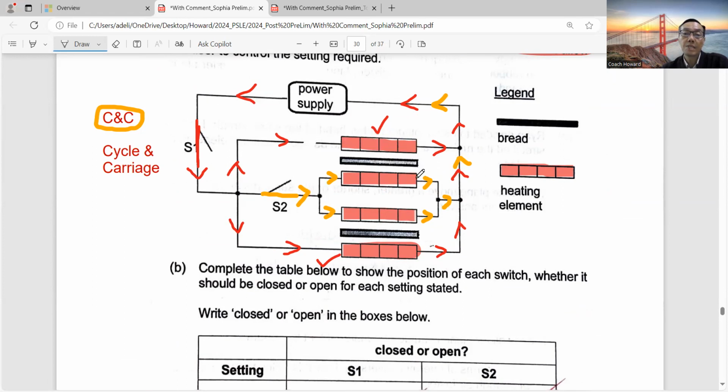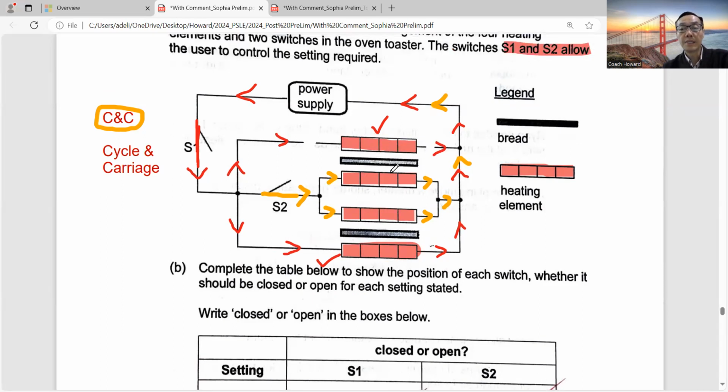They can still heat up one side of this bread. If S2 is turned on, if you turn on both, it just means you close both. If you break this one, this side of the bread below can still be heated. And if you break this one, these two on top can still work.